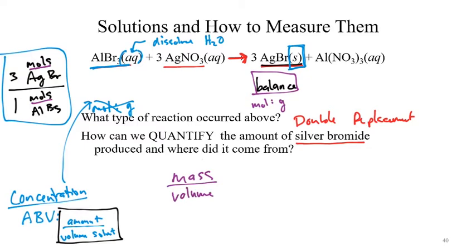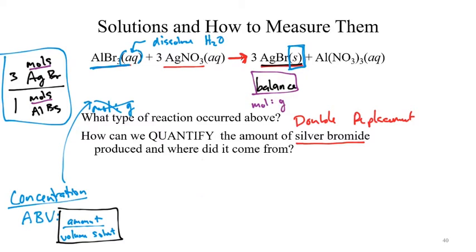Okay, that one becomes tricky because that starts to look an awful lot like density, right? And we don't want density here. We're talking about the mass of a solute dissolved in the solution. So mass per volume actually may be a horrible idea because that could easily be confused with that formula that you were told to not memorize for the record for density. Okay, so we don't want mass per volume.